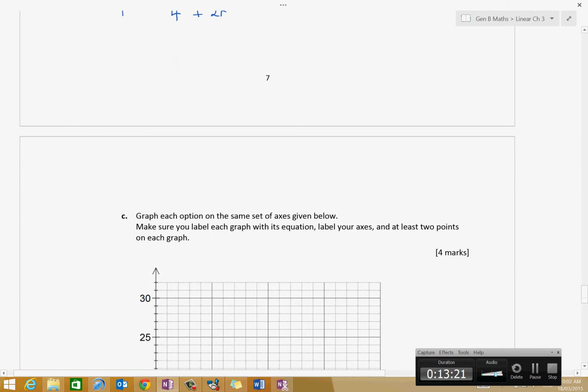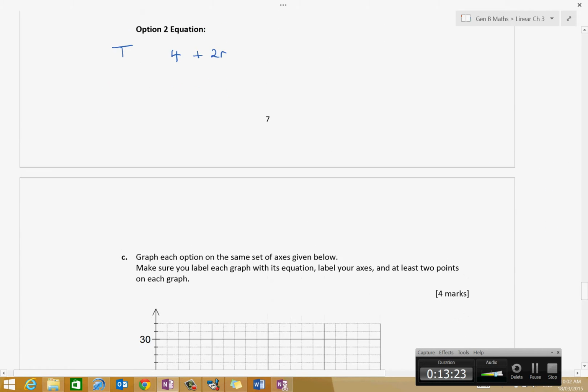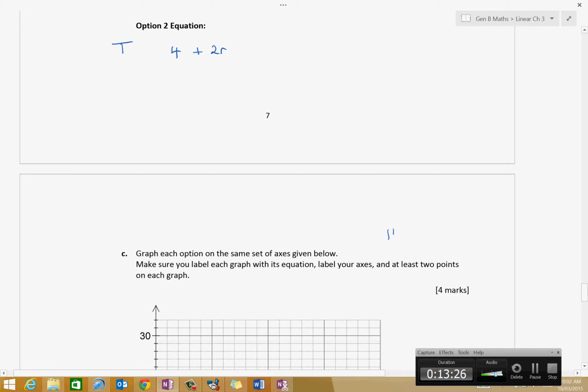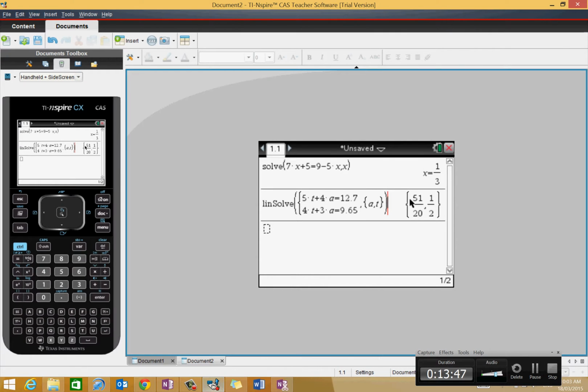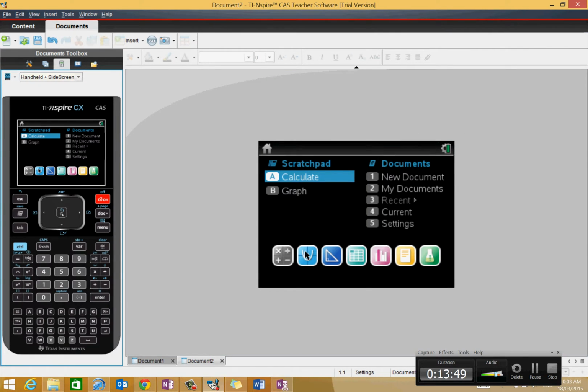Okay so far? Now it says here, so we've got 14 plus R and 4 plus 2R. Now you can do this on your calculator. Now how do we do this? First of all, in your calculator though, your calculator won't recognise R. It recognises Y in terms of X. You could do it by hand, but I'm just going to show you that if you do it in your CAS calculator, we can go to menu and we can go to graph.